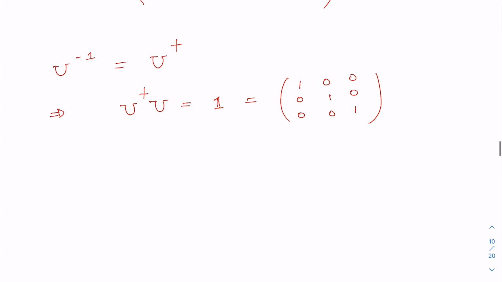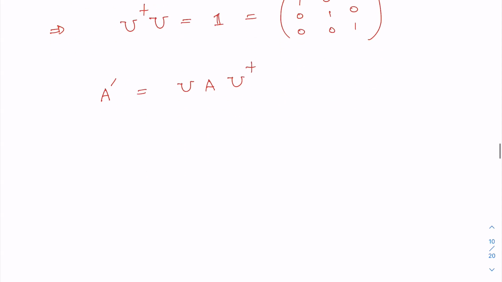Finally, the matrix A transforms under this unitary transformation as follows. A dash would be equal to U A U dagger. Let me quickly do it.